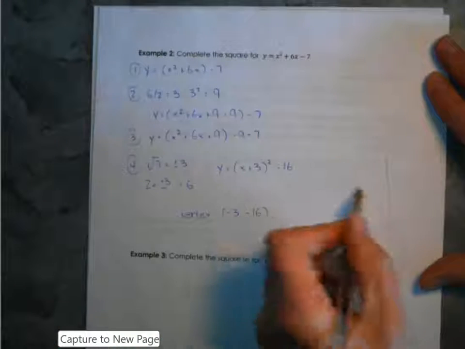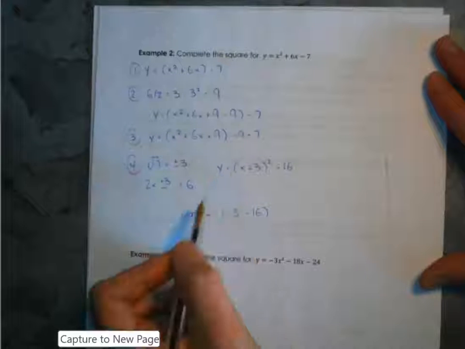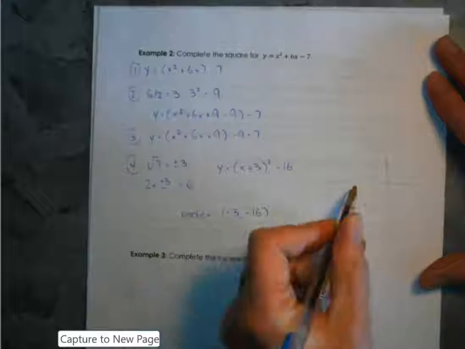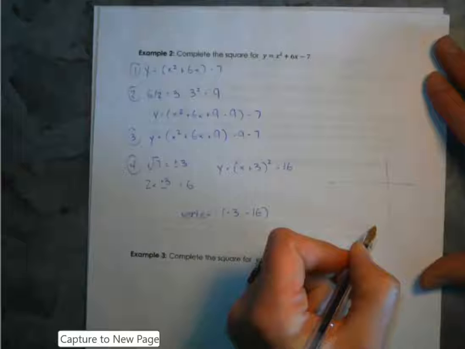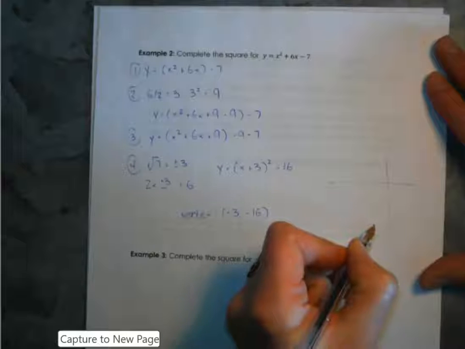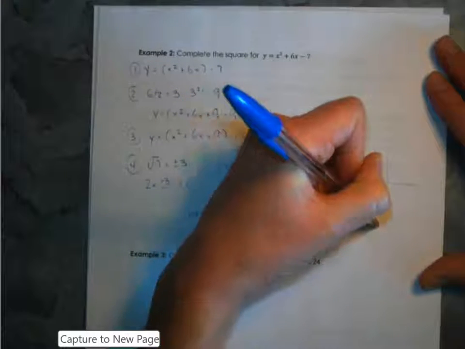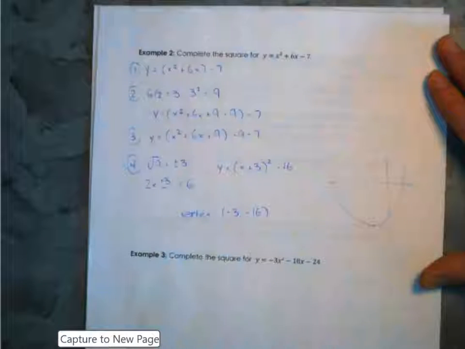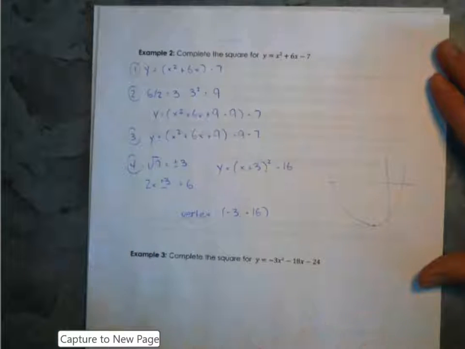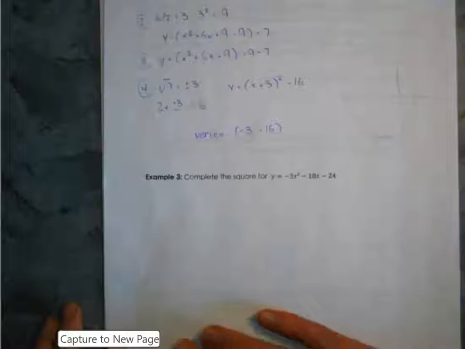So we can always do a rough sketch. Let's see, what are we at? x is -3 and y is -16, so it's going to be something like this. Okay, so that's the very roughest general shape that we'll see for our graph. Obviously, I did not put out my finest artwork for that.